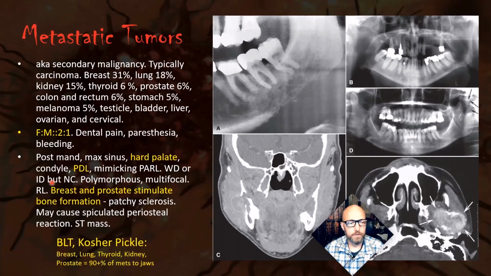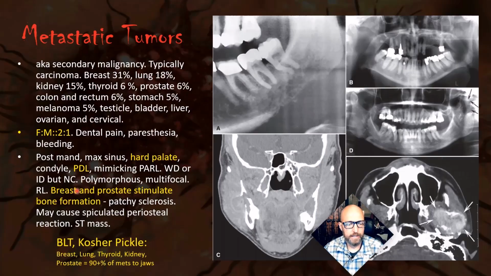A lot of times, metastatic tumors are well-defined, but non-corticated. So I think of your typical punched-out appearance, your typical multiple myeloma. And these two are the ones to remember as ones that can stimulate bone formation, so they can appear radiopaque. So if it's radiopaque and ill-defined, and that's another lecture that I'll get to in a little bit, with ill-defined radiopaque lesions, mostly we're focusing on ill-defined radiolucent lesions.